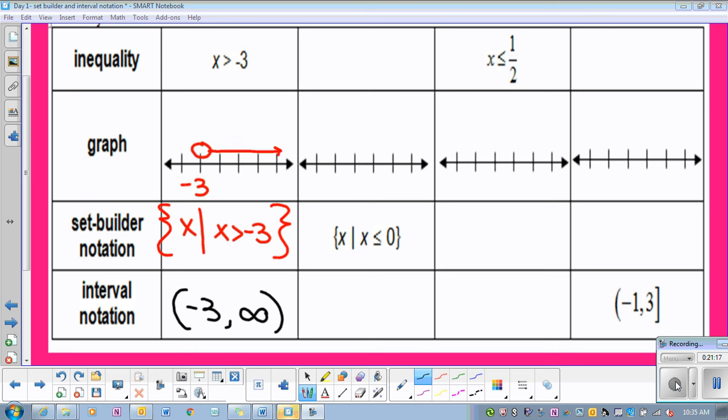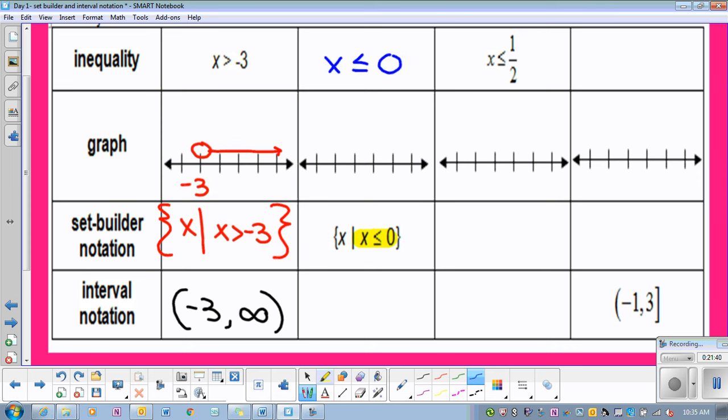All right, let's look at the next one. The next one's weird because they gave us the set builder notation. They didn't give us the inequality like they did before. Well, this is fine because where is your inequality? It's right there. So all you have to do is just transfer it over. X is less than or equal to 0.